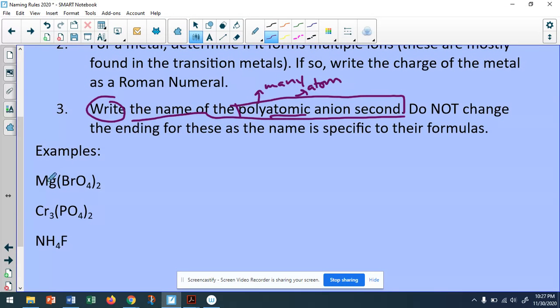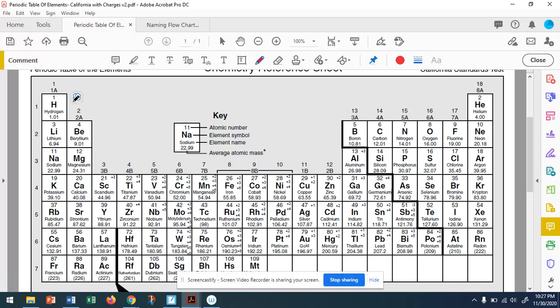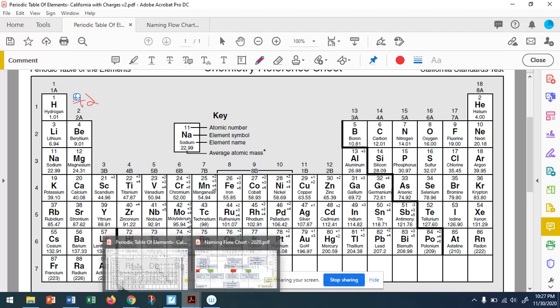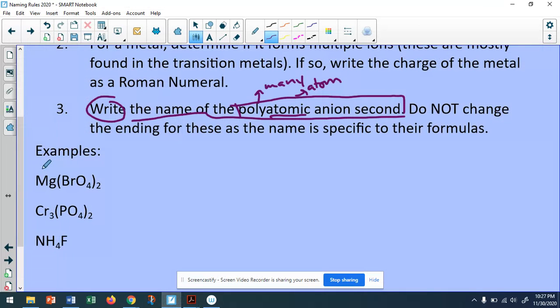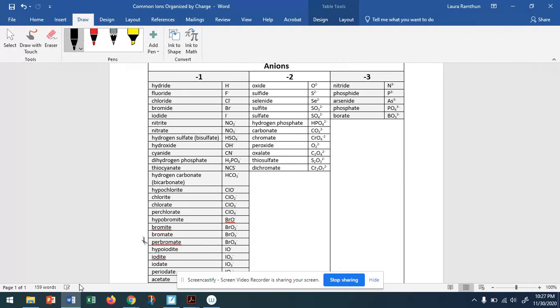Our first substance is Mg, and then it has this polyatomic ion, see 2 elements in it, in the negative position. Well, Mg on my periodic table is in column 2, which is the +2 column. So I know it has a +2 and only +2, so no Roman numeral needed. BrO4 on my list, as I look down here, I kind of know where to look, is called perbromate.